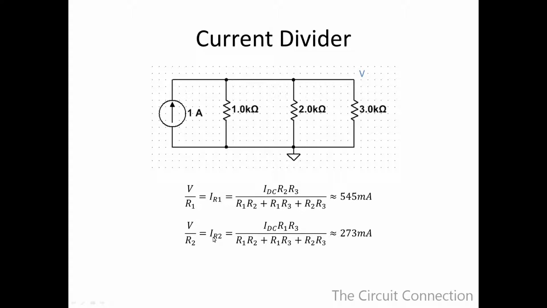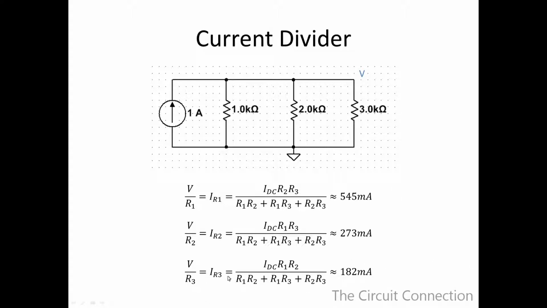Next, for the current going through R2, everything is the same in this formula except instead of having R2, we have R1 here. And when we put in all of those values, then we have approximately 273 milliamps going through our 2 kilo ohm resistor here, which is R2.